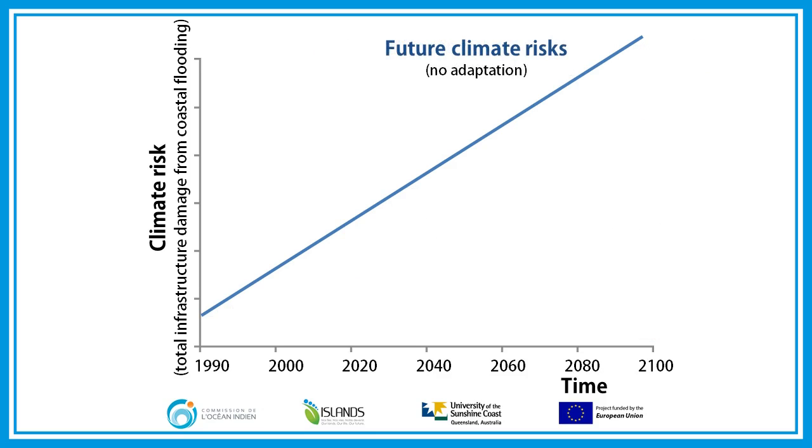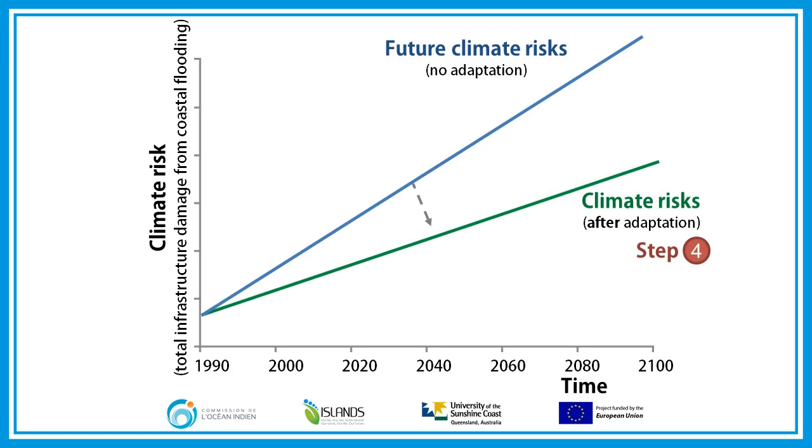The fourth step is to identify actions that could be taken to reduce the damage from climate events and promote any beneficial aspects of climate change. This is climate change adaptation. The green line represents the residual or remaining risk to the village over time after adaptation options have been implemented.